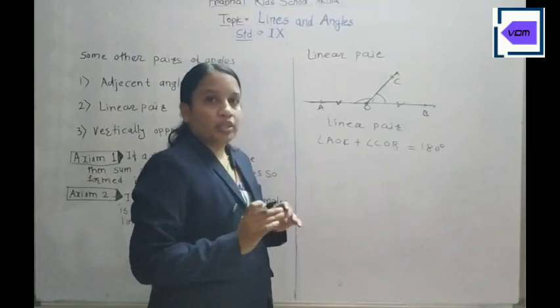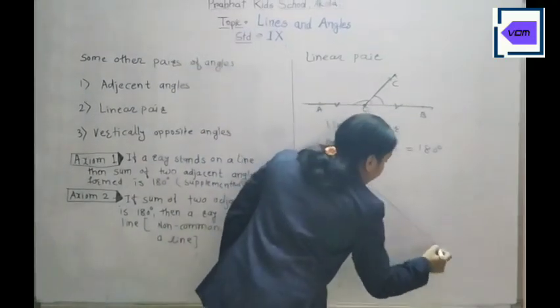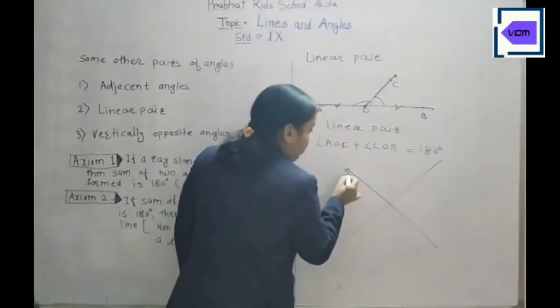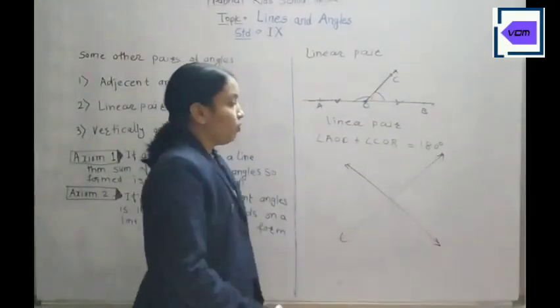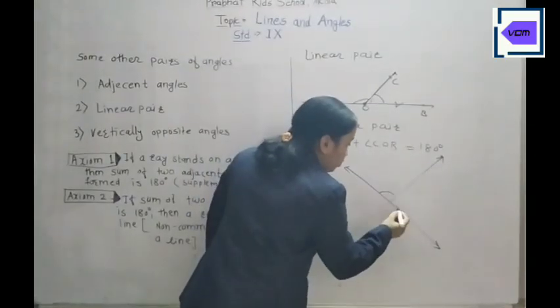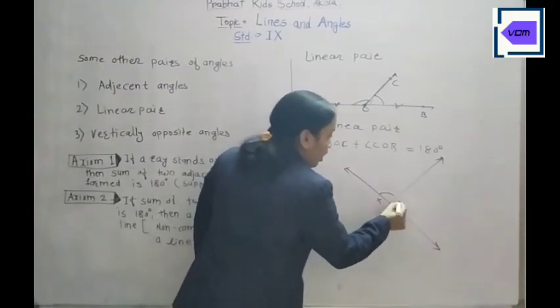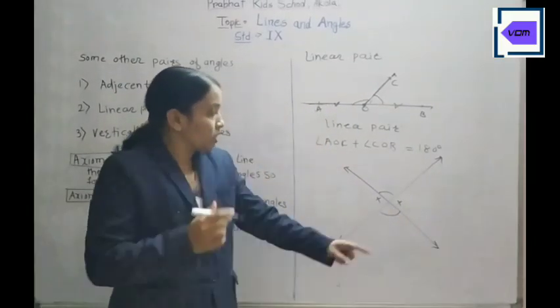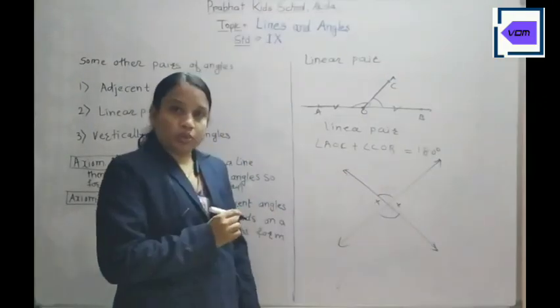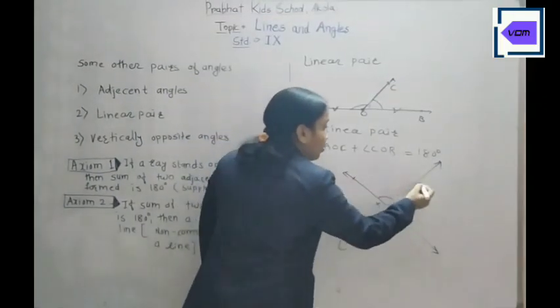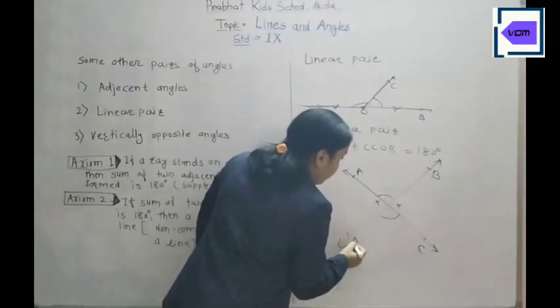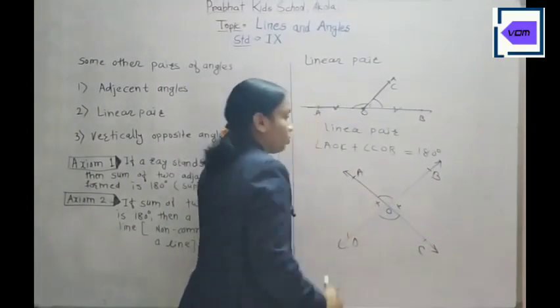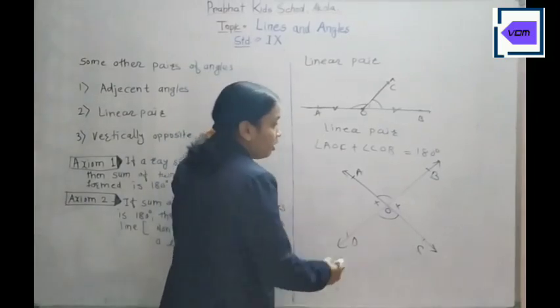Now vertically opposite angles. If two lines intersect each other, they form four angles. If you observe this one and this one, showing the cross sides, these are the vertically opposite angles. Now we will give the names A, B, C, D, and this is the vertex O. Which are the vertically opposite angles?